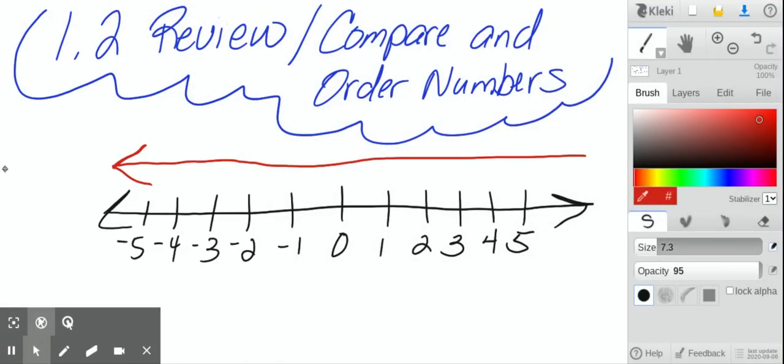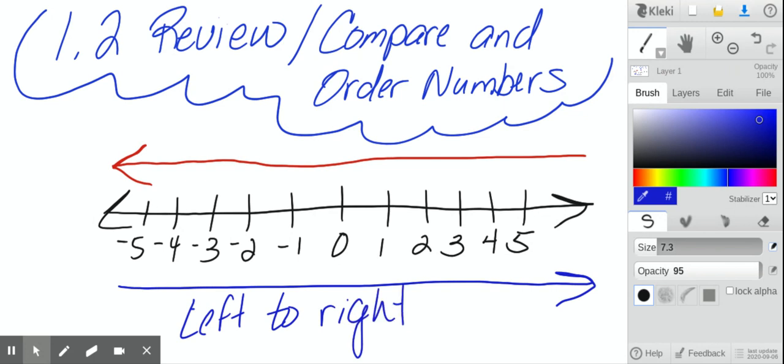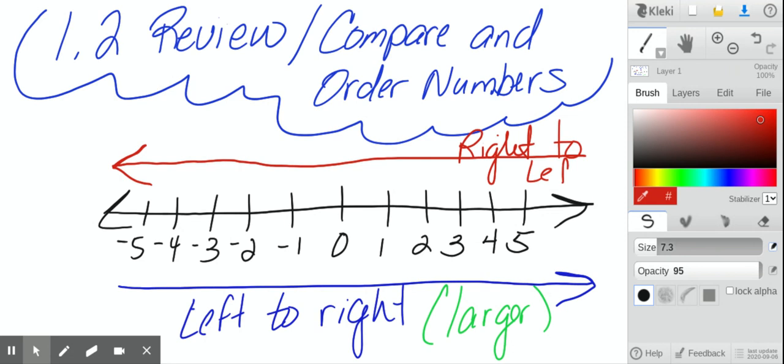Now, when I am going from left to right, my numbers get larger, okay? So from left to right, they get larger. And from right to left, the numbers get smaller.